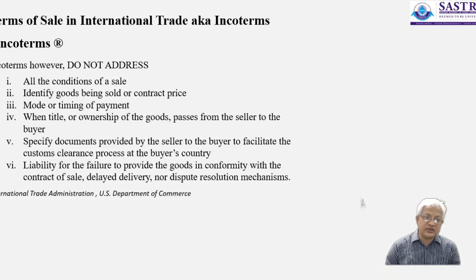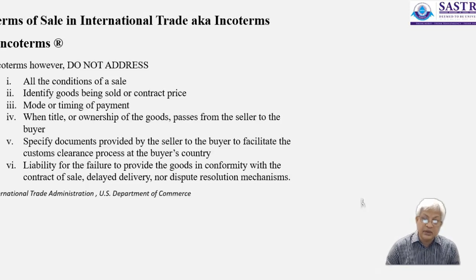It does not specify all the documents that we listed, and some more if required by the buyer, that are to be provided by the seller to the buyer to facilitate the process of customs clearance in the buyer's country. It also does not specify liability for the failure to provide the goods in conformity with the contract of sale.